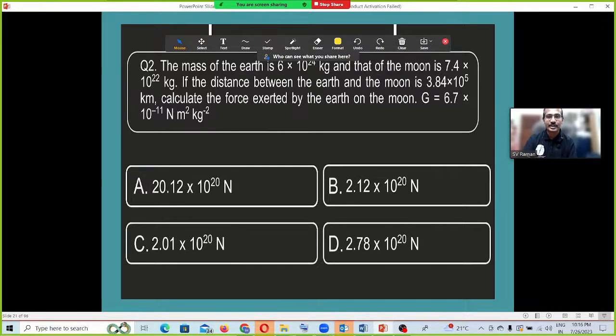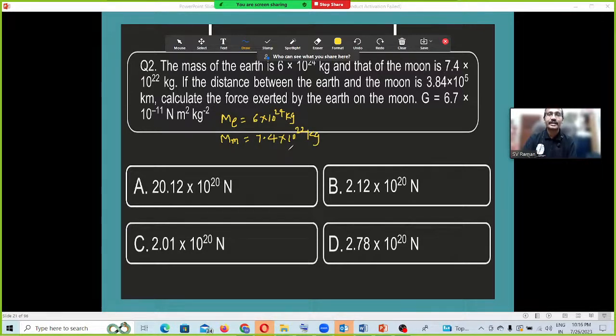While reading the question, I always instruct the students to write the given data. In the question, what data they have given. So the mass of Earth they have given. Write it down, 6 into 10 power 24 kg. What about the mass of moon? Again they have given mass of moon, 7.4 into 10 to the power of 22 kilograms.